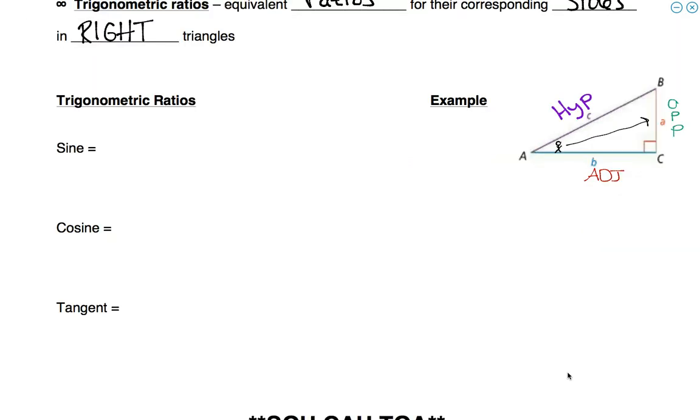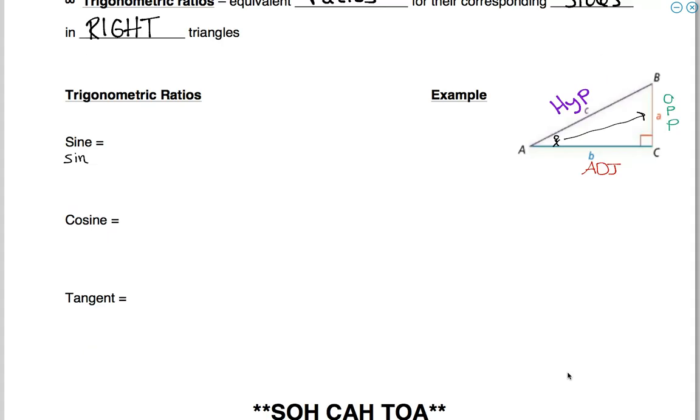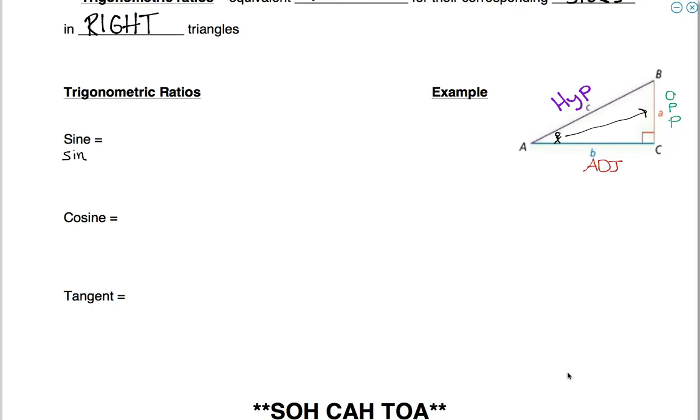So what we're saying here for these, we call them trig ratios, is that a sine function, and I'm going to abbreviate that for us. This is how you'll see it in your calculator. A sine function is a ratio that when you take the opposite side and put it over the hypotenuse.